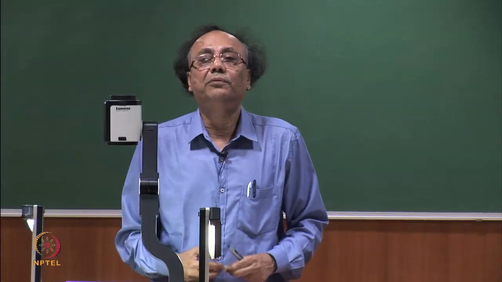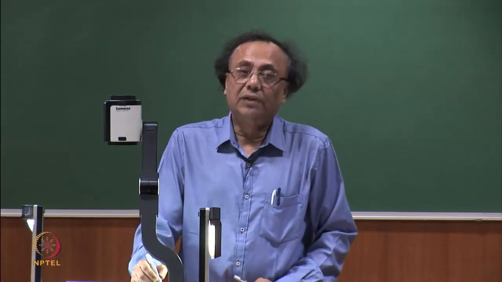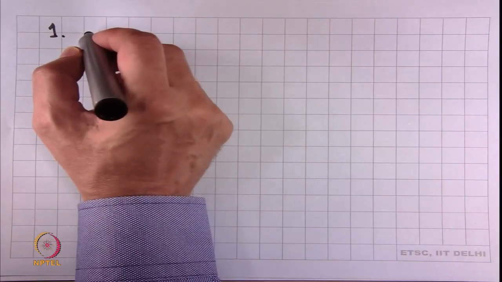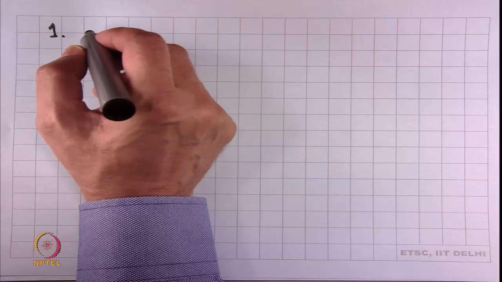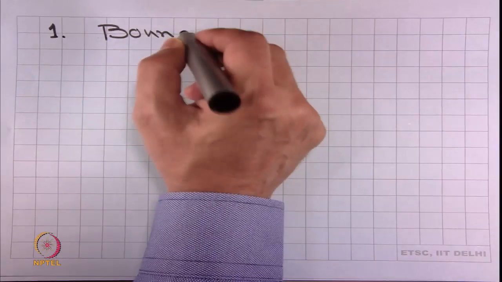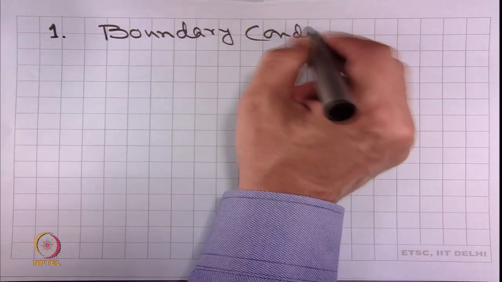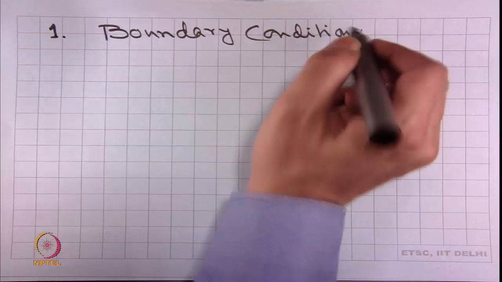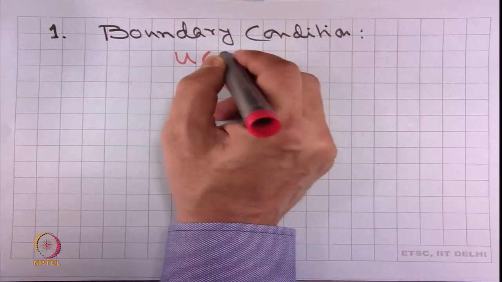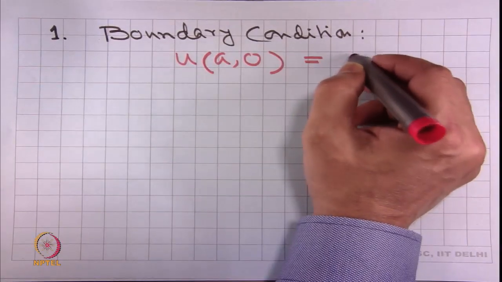So, we enlist some of these properties which are called axioms. 1. The first thing is that it is a boundary condition. Union of a comma 0 is equal to a.